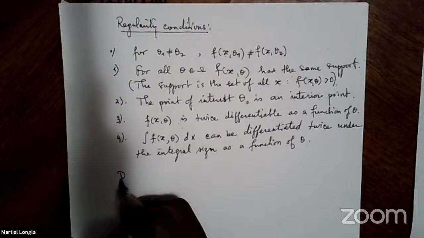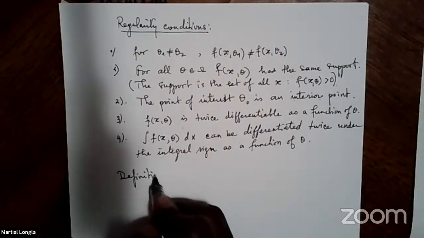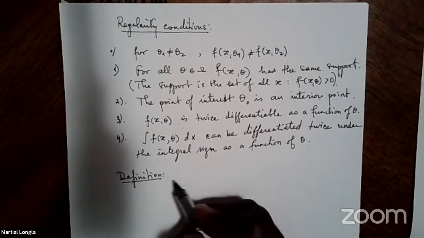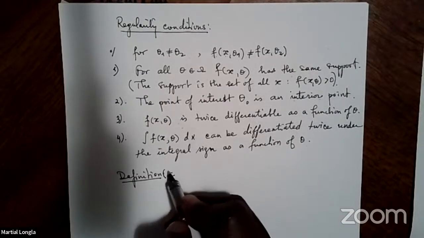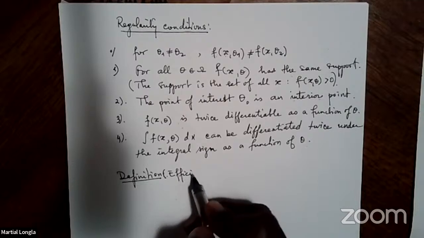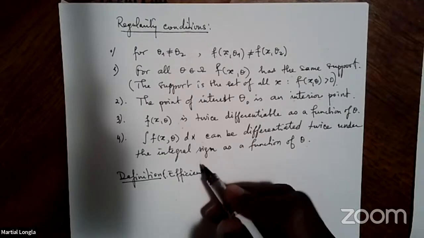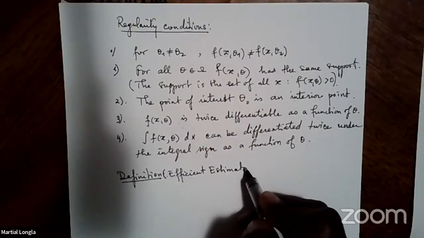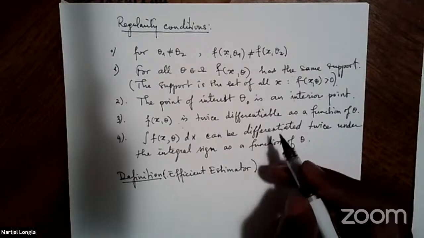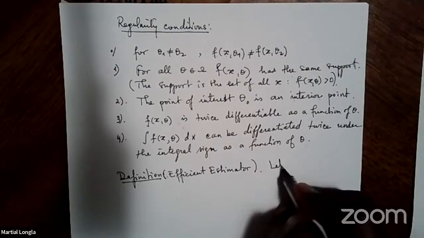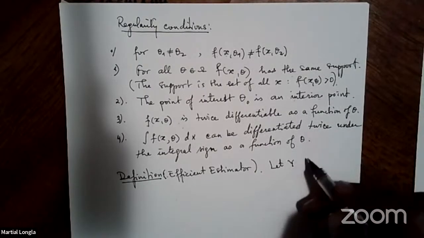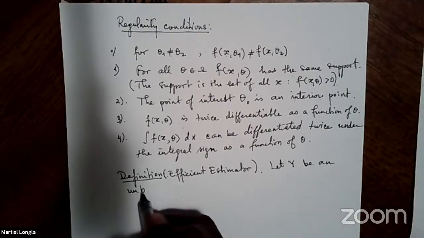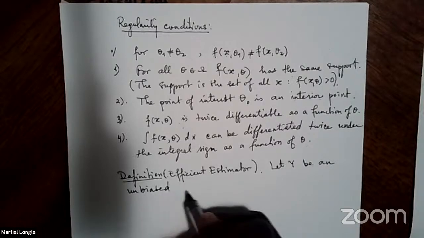Now, definition. Let Y be an unbiased estimator. We know what an unbiased estimator is.